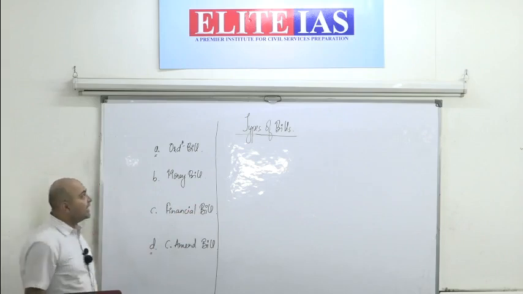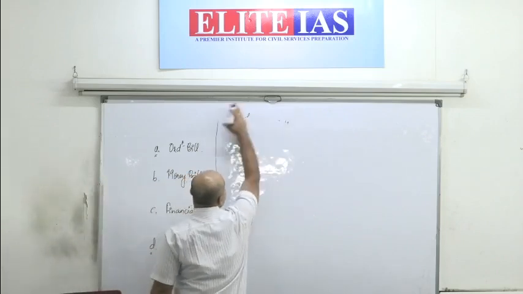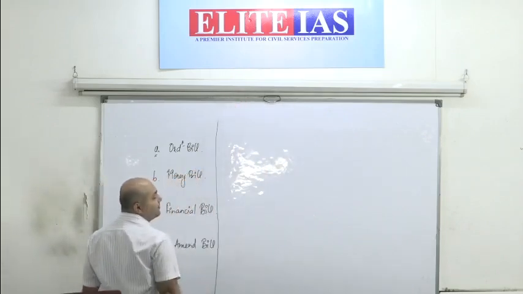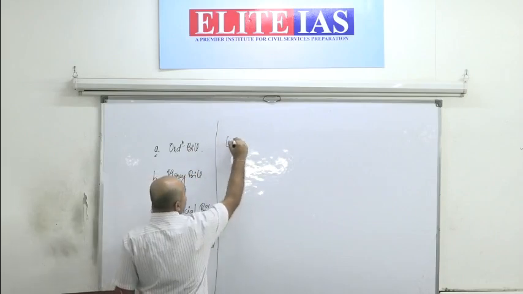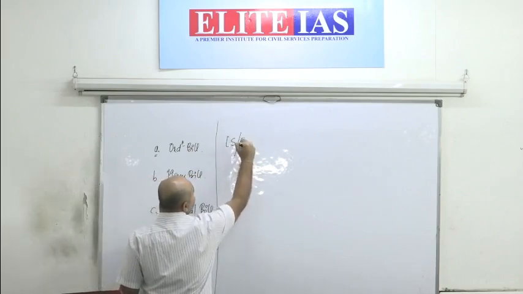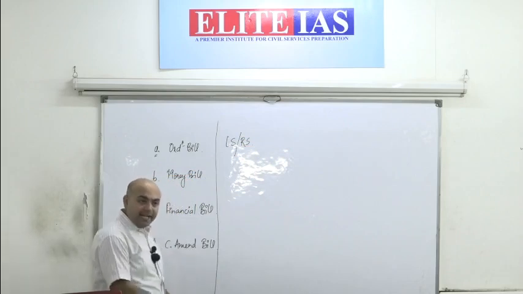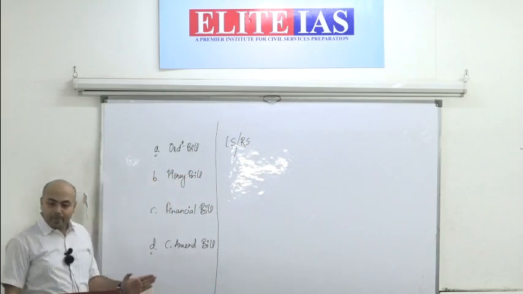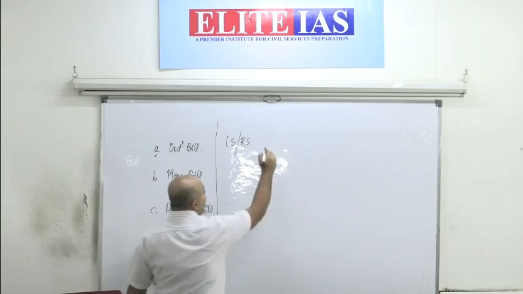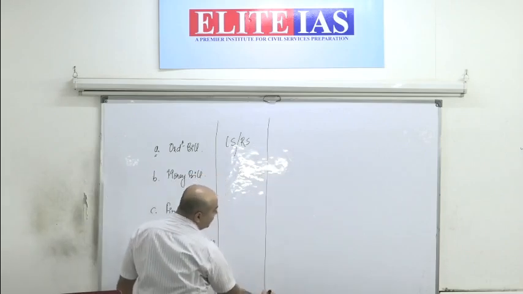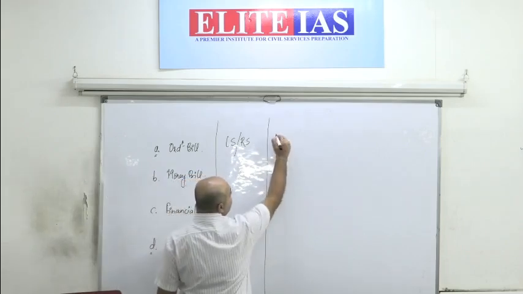Clear? Can this bill be introduced in the Rajya Sabha? Yes. That means an ordinary bill can be introduced in the Lok Sabha or the Rajya Sabha, any of the houses. Does the bill require prior sanction or prior recommendation of the President?